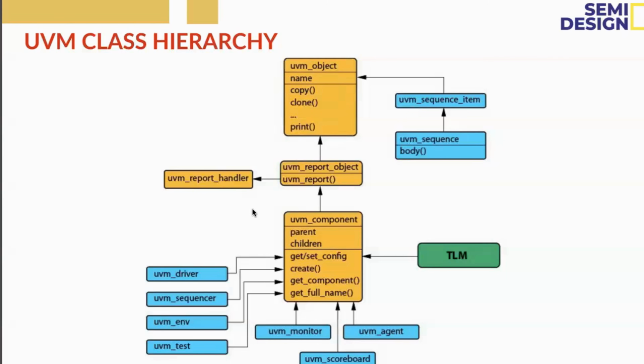Will they derive from the component? We will generate them from objects only, right? Sequence items, not for the components, right? What is the difference between object and the component?